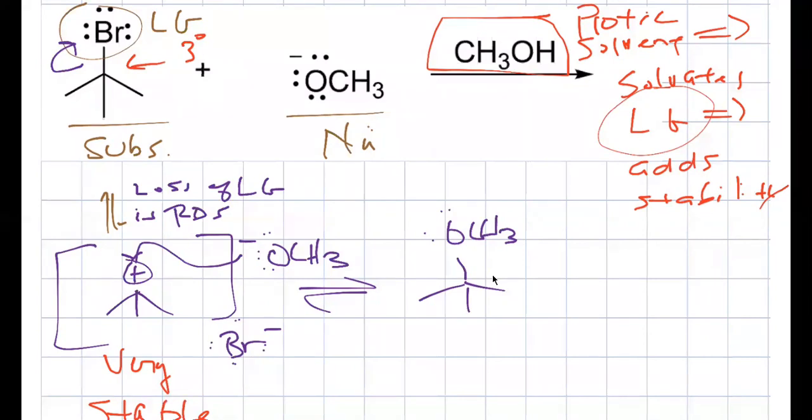One person is going out the front door and the other person is coming through the back door. Y'all will catch that later. And then the SN1 is different. The leaving group leaves, and so now the carbocation is free to date whoever it wants to date. So that's when the nucleophile can come in. There's no sneaky stuff going on.